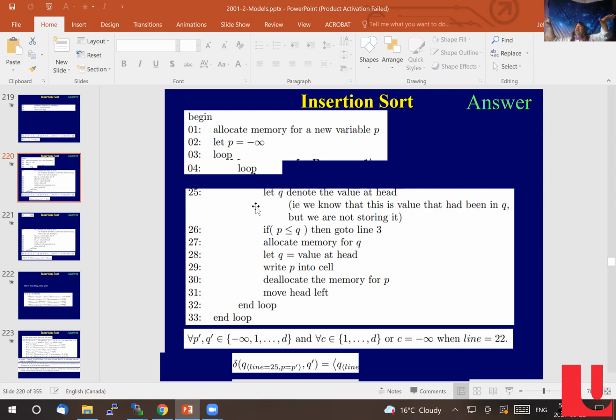Then I'm going to say that somehow I do have to take an action to come around and maintain the loop invariant. Well, the measure of progress is how many numbers are over here, so I have to make that bigger. The way I maintain the loop invariant is I take some number from over here and insert it where it belongs, right?